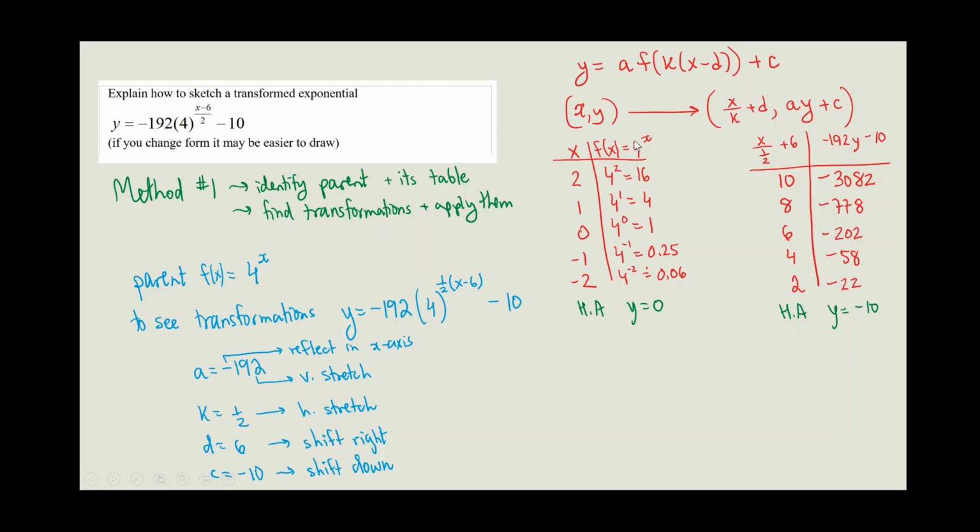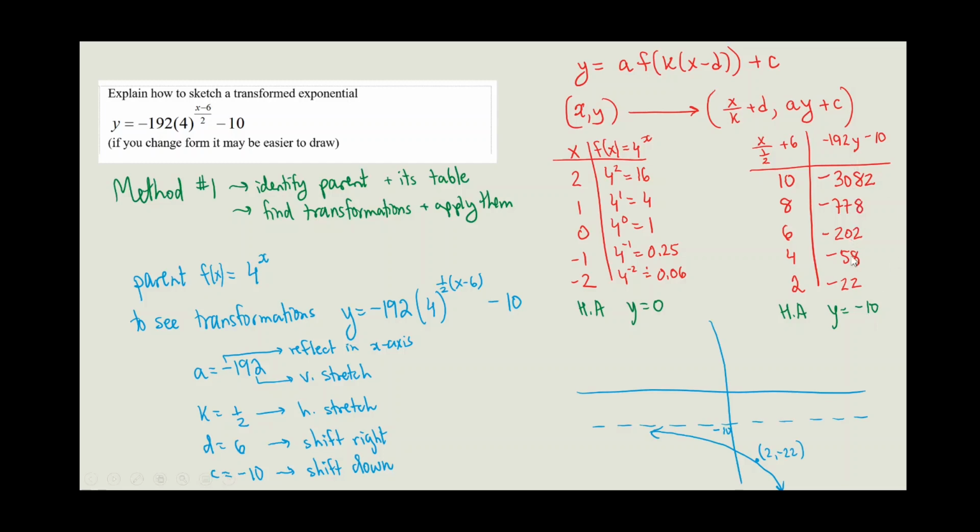However, because we have transformations, this horizontal asymptote will change to a different number. How does it change? You perform this formula on it like before. You take 0, you multiply it by negative 192, and subtract 10, you would get negative 10.